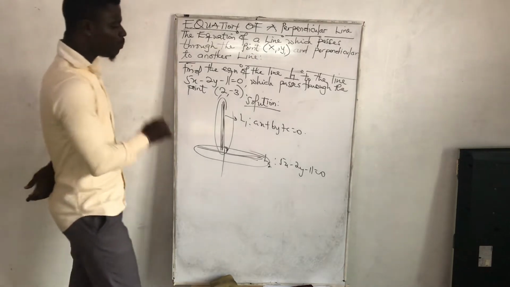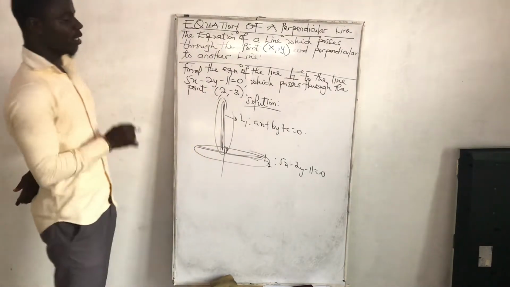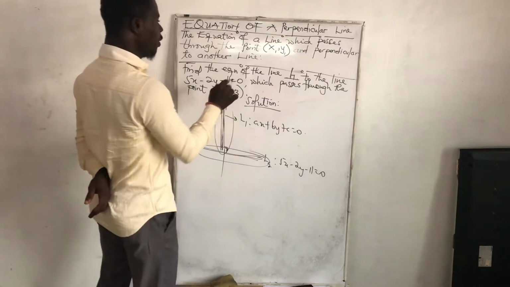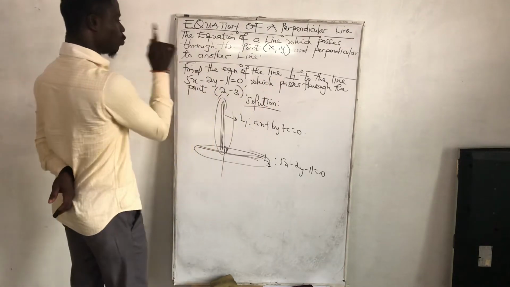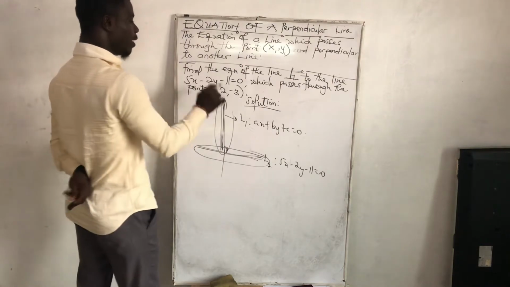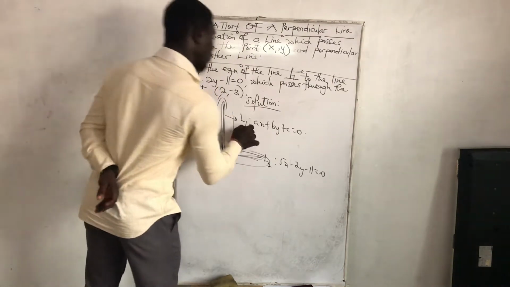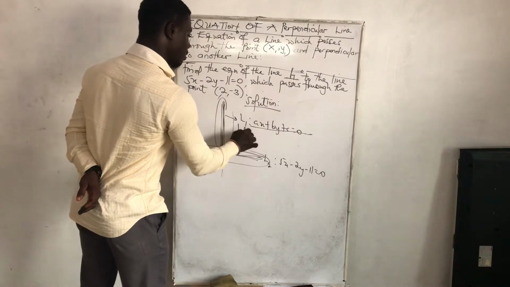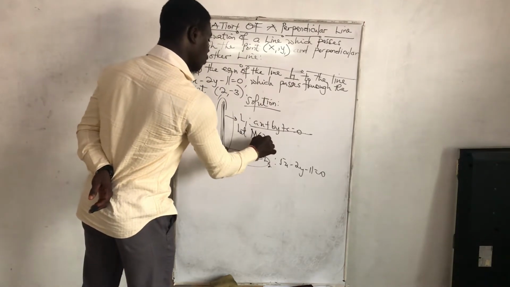So now, how best can we solve this question? They've given you that it passes through the point (2, -3). So we can say let M be equal to (2, -3).